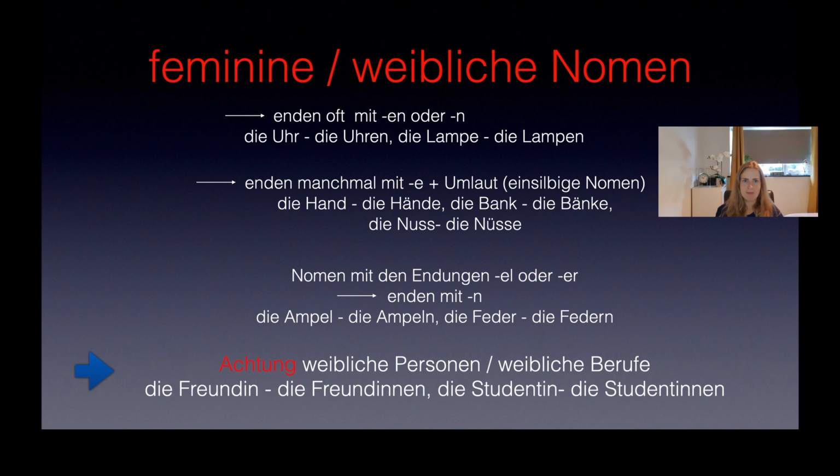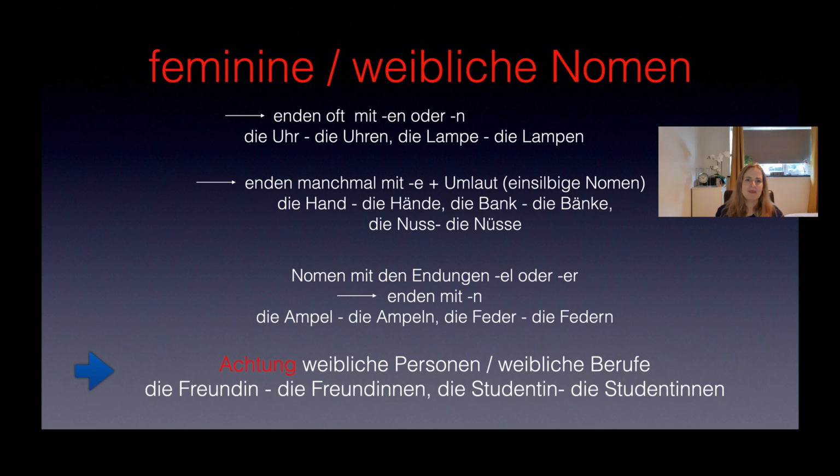Armbanduhr is also called Uhr in German, it is the short form of Armbanduhr. Die Uhr, plural is die Uhren. Our next example is die Lampe, light, die Lampen.